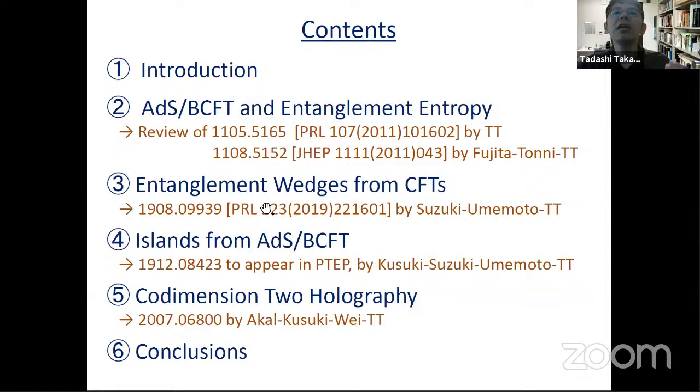Then we want to derive the entanglement wedge purely starting from conformal field theory, and we apply this idea to AdS/BCFT. In AdS/BCFT, we have a very special feature of entanglement entropy and entanglement wedges, where we have some extra pieces, which are called islands. Now, this plays a very important role in understanding the black hole information problem, and that structure is obvious in AdS/BCFT. And finally, we'd like to introduce our recent progress on codimension 2 holography.